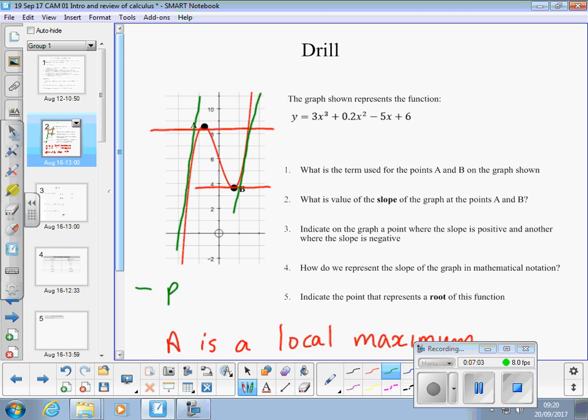Green, positive slope. Negative slope between A and B.